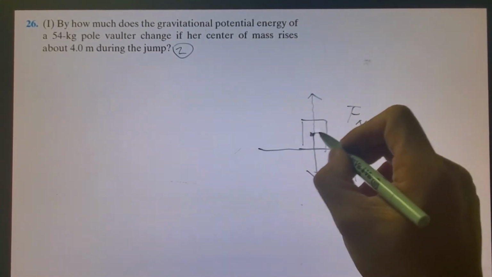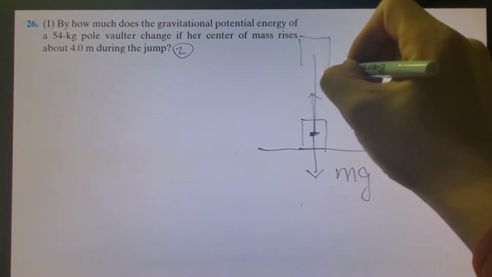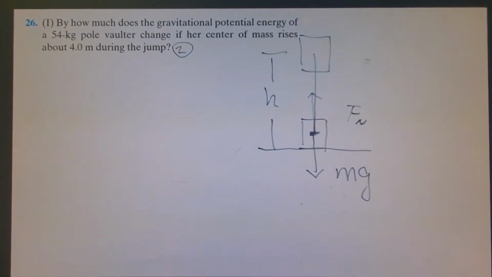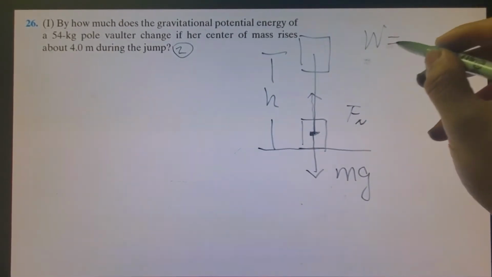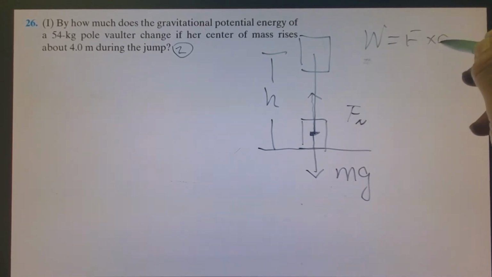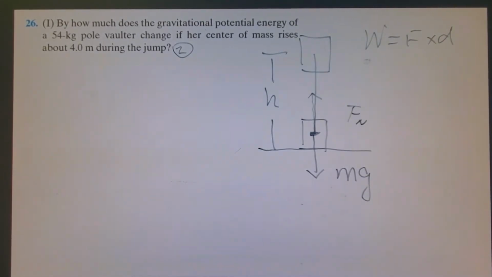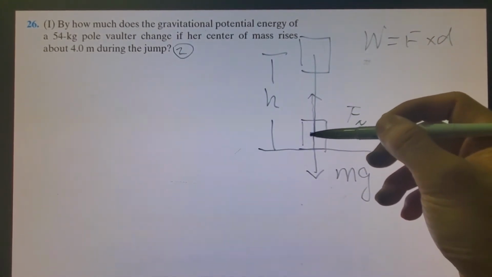Now, if I try to move this object to a height, let's say, of h, how much energy do I need? We know that mechanical work is equal to force times distance. And if it moves at a constant velocity, that means no net force is acting on it.